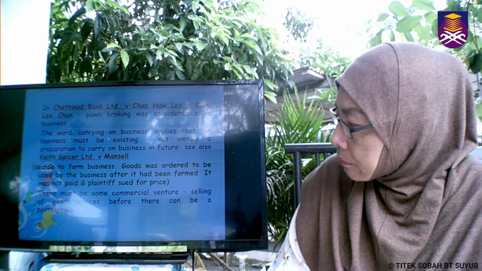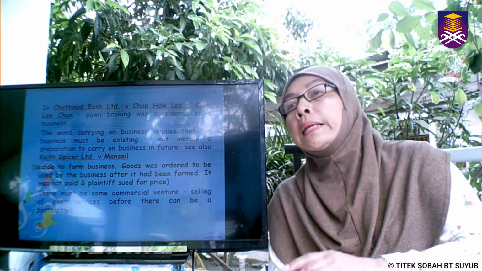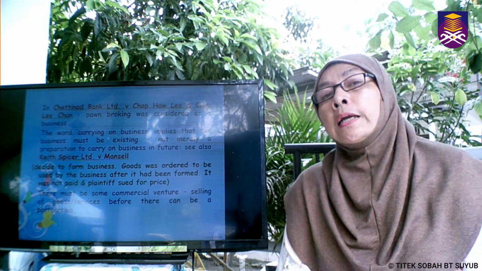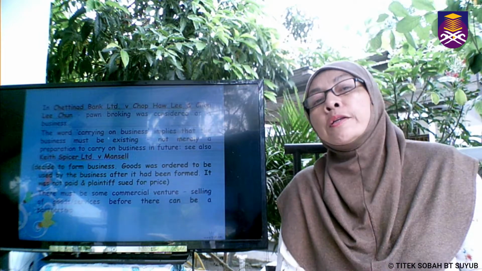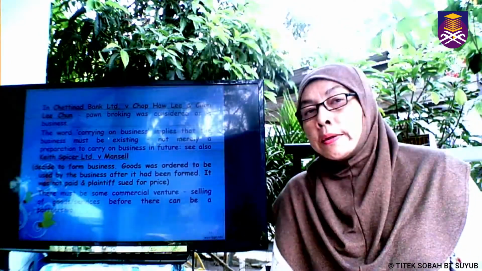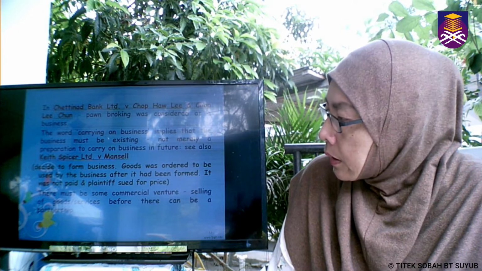However, the court held that at that time the firm was not in existence, meaning the business was not ongoing. Of course, he lost the case. He cannot sue the business because of this. If he wanted to sue, he needed to sue the person who ordered the goods, the person who entered the contract with him.